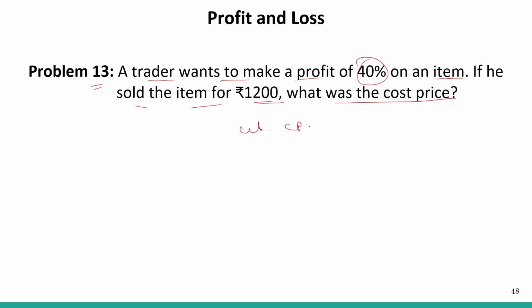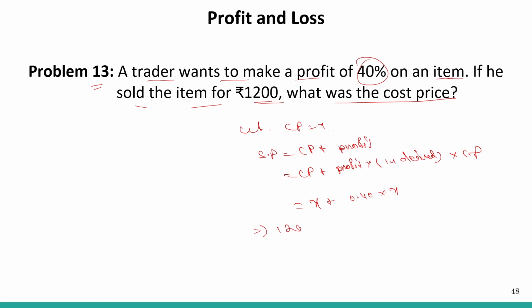Let CP is equal to X. So SP is equal to CP plus profit, is equal to CP plus profit percentage in decimal into CP, right? So this is equal to X plus, profit percentage is 0.40 in decimal form, 0.40 into X. So this implies that 1200 is equal to 1.4x.